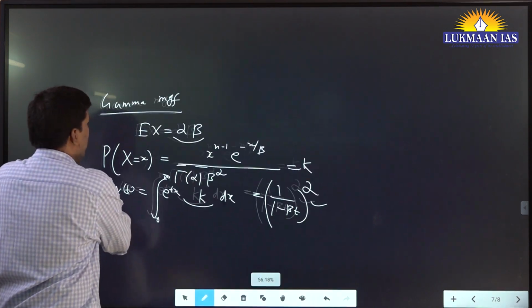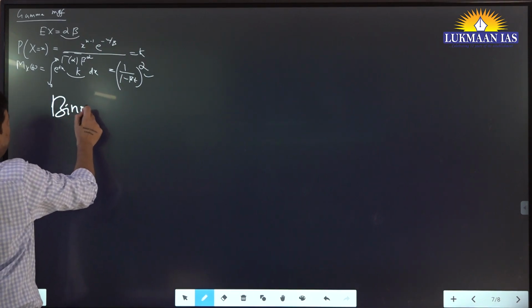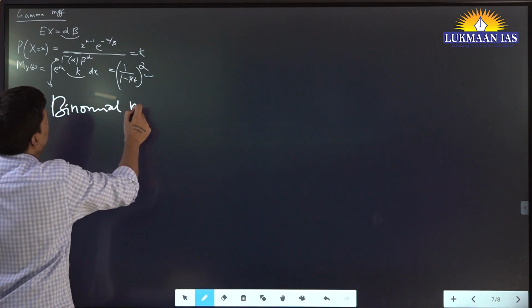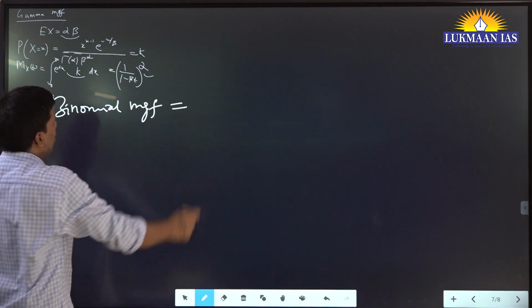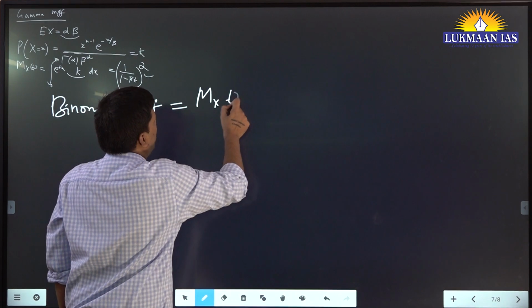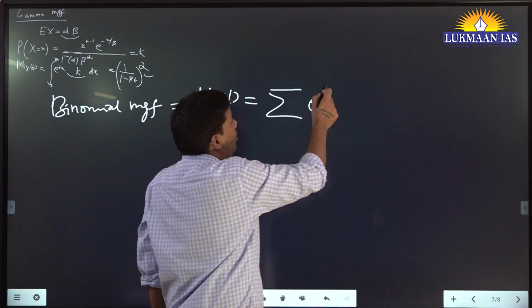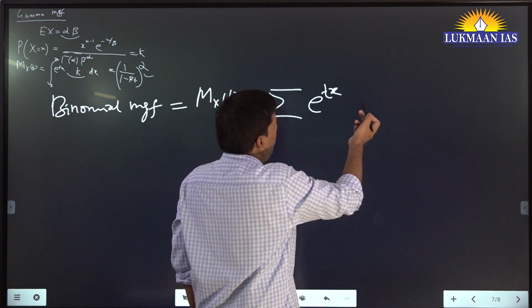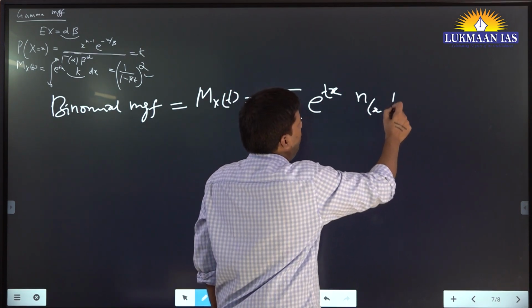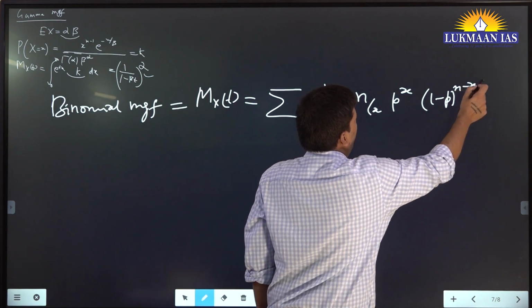Let's say if you want to calculate the binomial MGF, how will you calculate? Mx(t) is e to the power tx times the PMF, right? nCx p to the power x, (1 minus p) to the power n minus x.